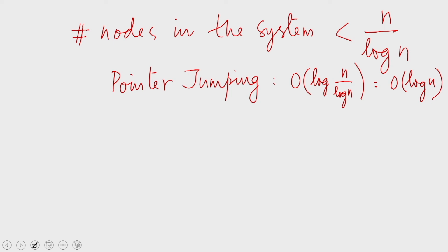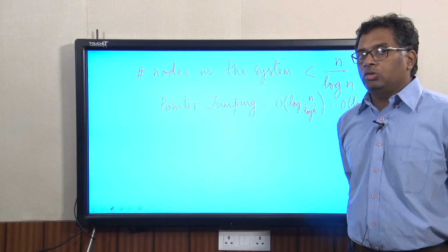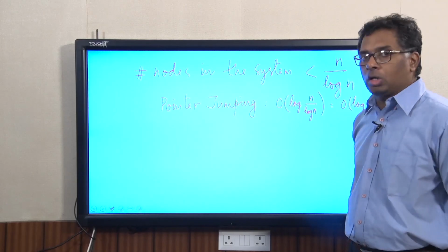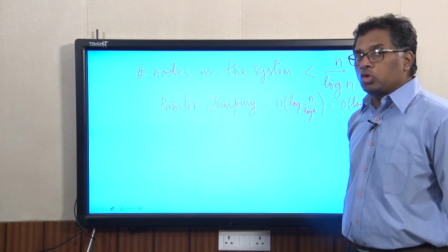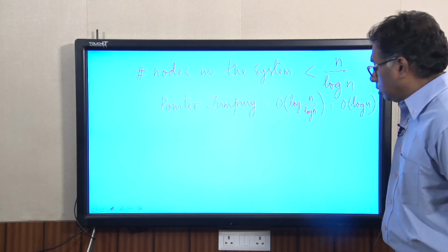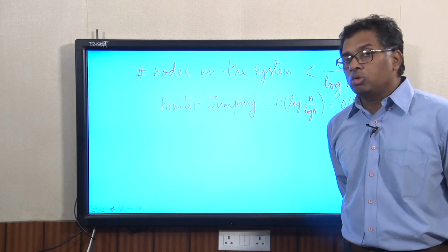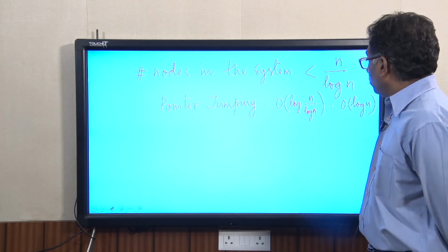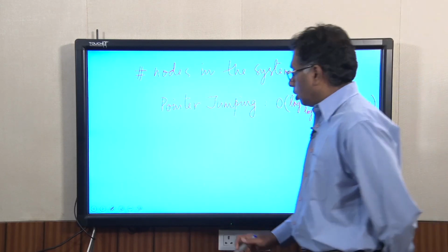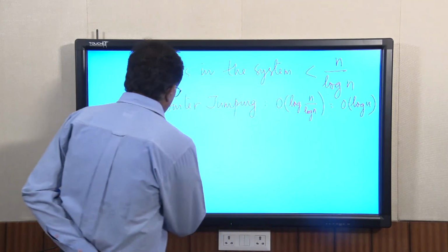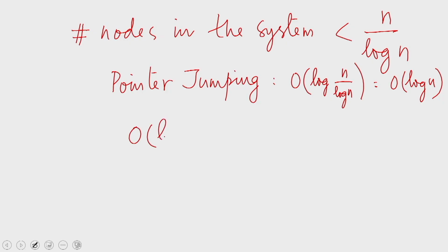And then the third phase of the algorithm is an exact replica of the first phase, except that the nodes are scheduled in the reverse order, that is, the nodes are put back in the list in the reverse order. Therefore, the third phase also runs in order of log n time using n by log n processes. Therefore, finally, the algorithm runs in order of log n time with n by log n processes to complete the list ranking.